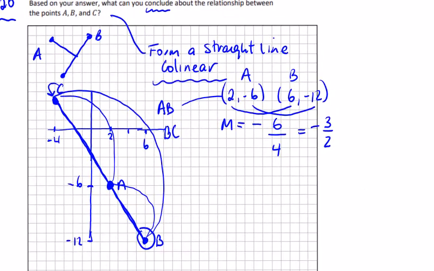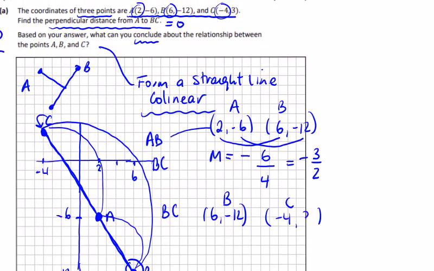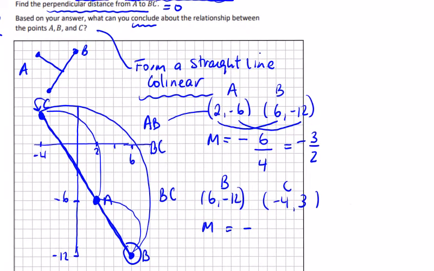For the slope of BC, B is 6, minus 12, and C is minus 4, 3. We can see it's negative. The change in y is 15, and the change in x is 10, which is equal to minus 3 over 2.